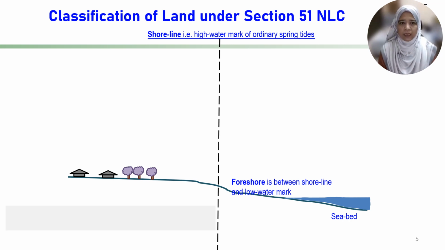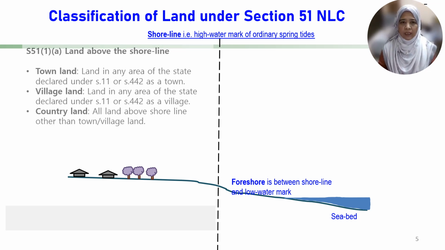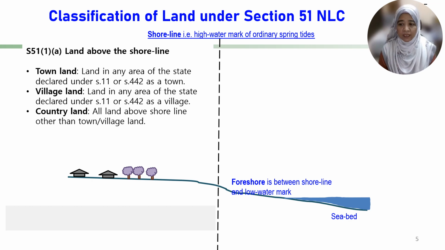Now, the land above the shoreline can be divided into three classes or classifications, provided by Section 51(1)(a). We have town land, village land, country land. Town land, tanah bandar, village land, tanah pekan, country land, tanah desa.